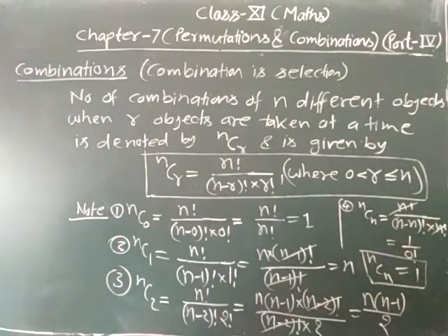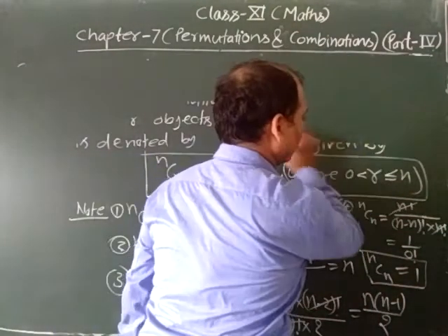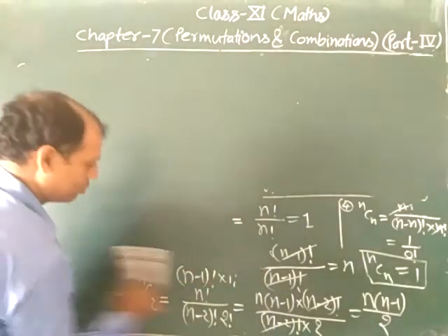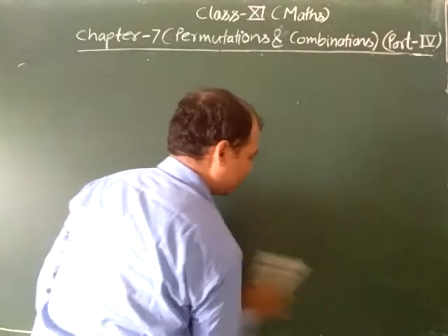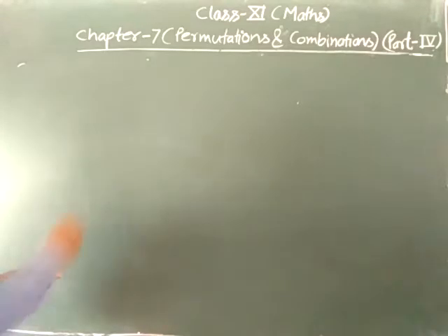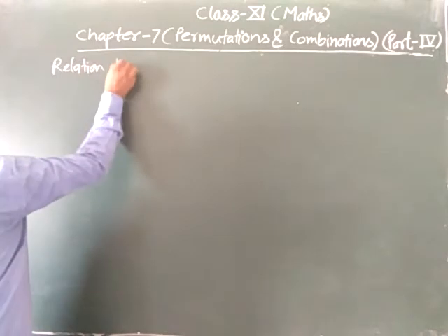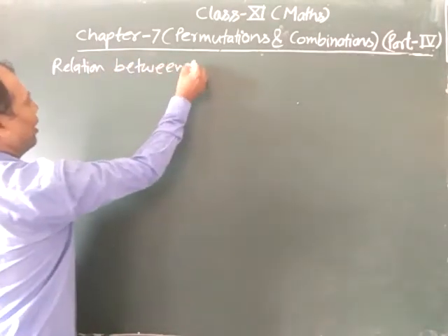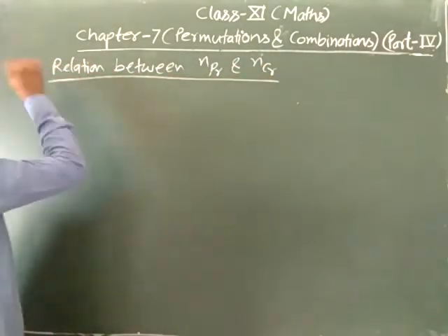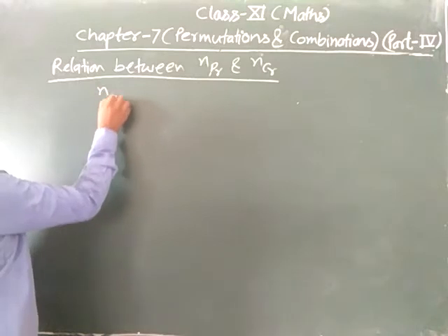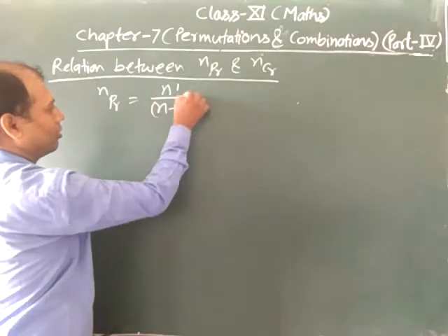Now we are going to discuss some theorems on combinations. The relation between nPr and nCr. We know that nPr equals factorial n by factorial n minus r.